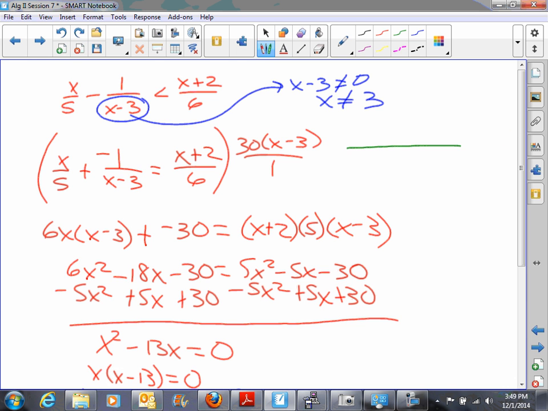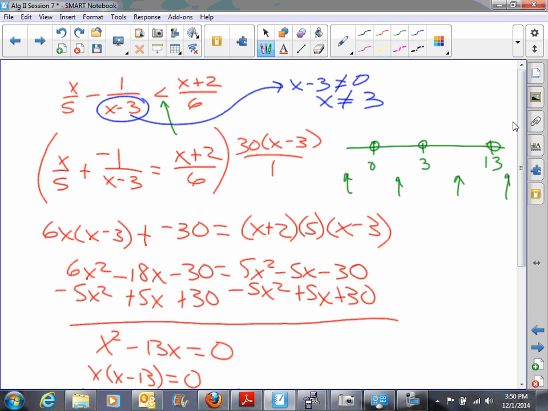So if we draw a number line, we have 0, we have 3, and we have 13. Now notice, since this inequality is strictly less than, none of these points will actually work. But we do need to check the values in this region, this region, this region, and this region to see which one or ones of those actually do work.